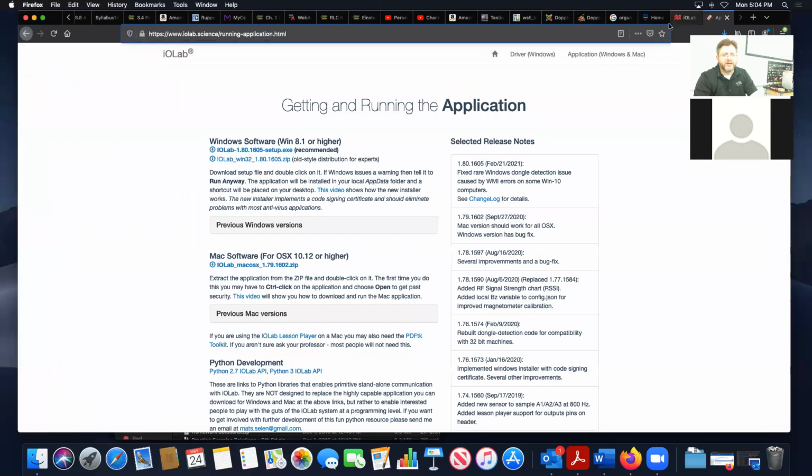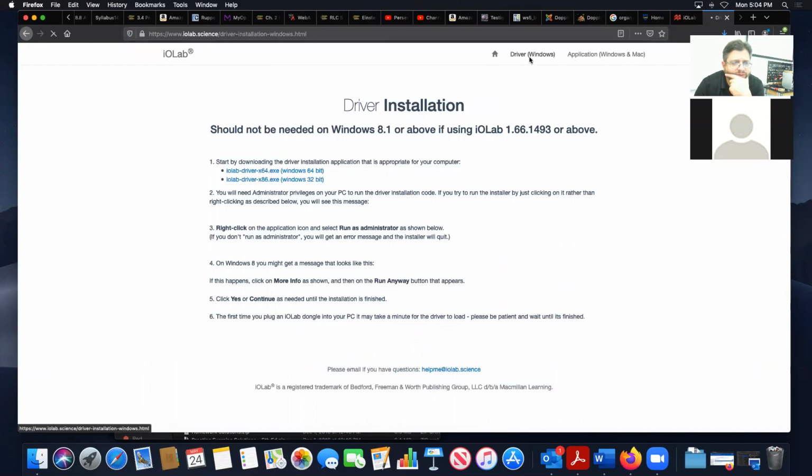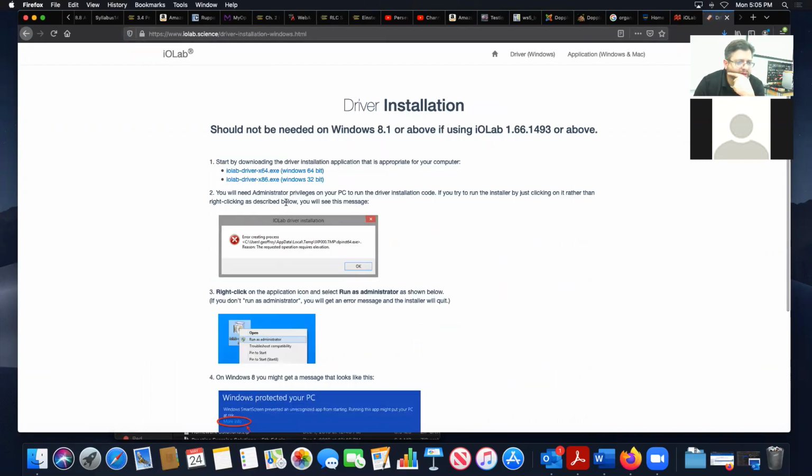Now, apparently you don't need the driver if you're running Windows 10. Otherwise, you might. It's up here. Don't need it for Mac either, I don't believe.